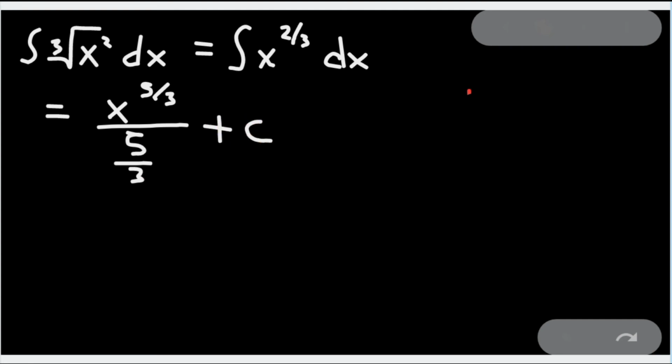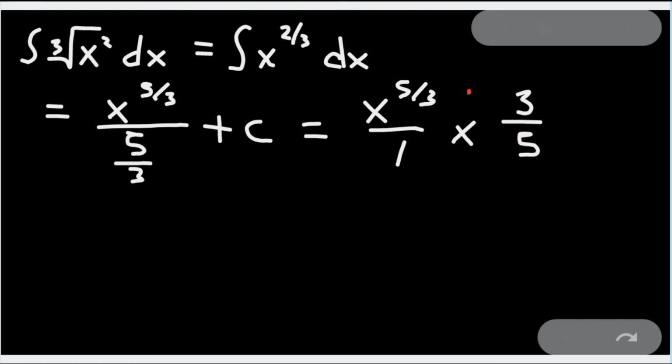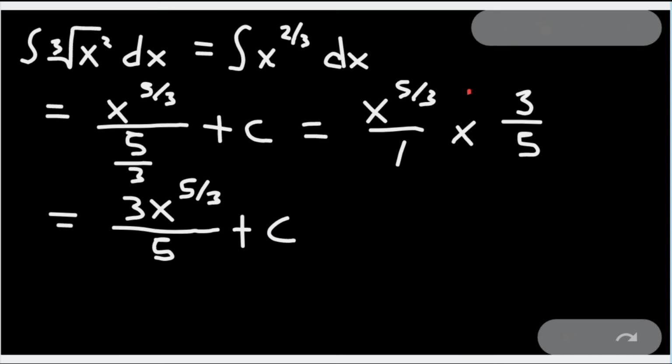So we can simplify it. What we have is x raised to 5/3 over 1 times the reciprocal of 5/3, which is 3/5. So we can solve for this. We have 3x raised to 5/3 over 5 plus c.